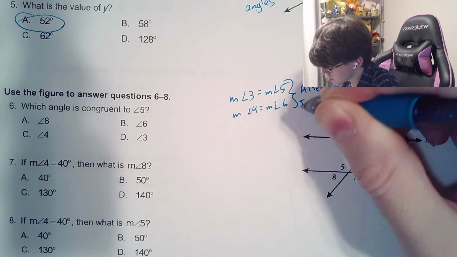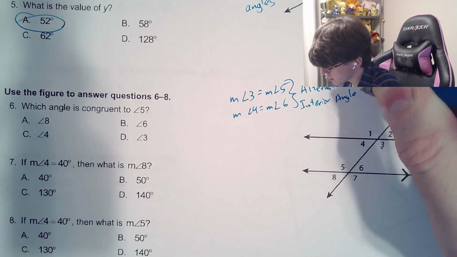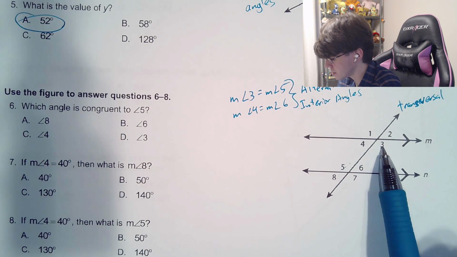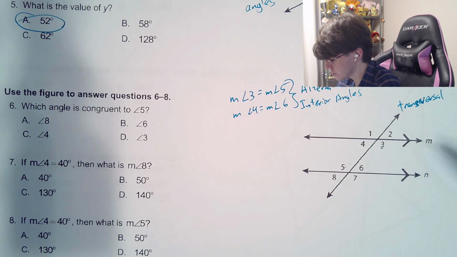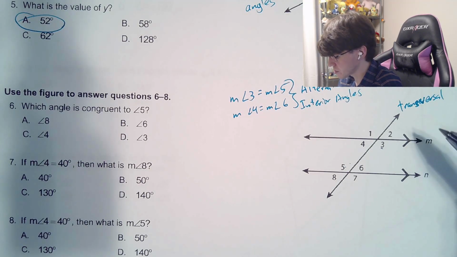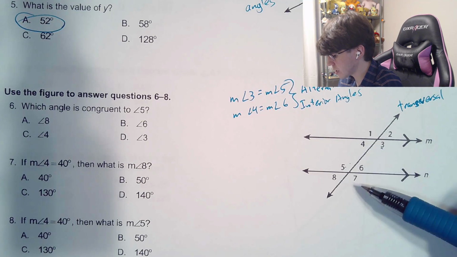Alternate interior angles. The idea is they're on alternate sides of the transversal. They're on different sides, but they're in between the two lines, so they're in the interior. Likewise, we can also learn about alternate exterior angles. Alternate exterior angles are on opposite sides of the transversal, but also on the outside of the lines.